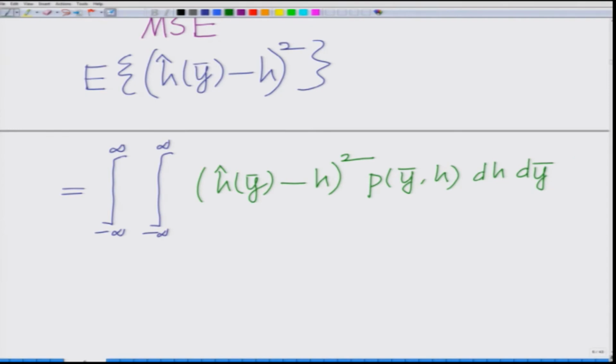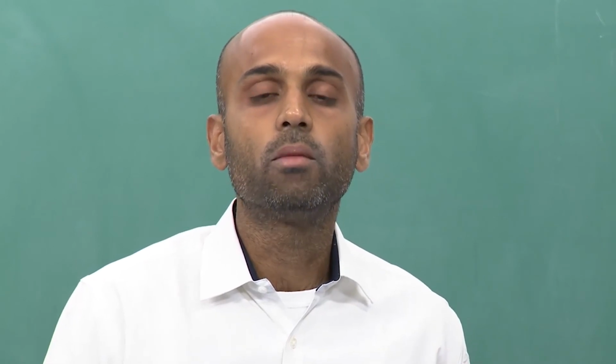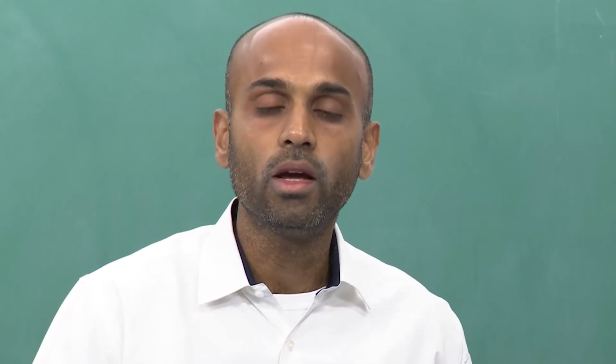This is an important expression, so let me take some time to explain it. h hat of y bar minus h whole square is the squared error, but it depends on a particular value of the parameter h and a particular value of the observation vector y bar.